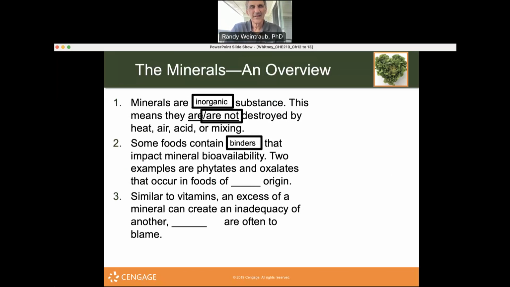Some foods contain binders, another name is chelators, that could impact the mineral bioavailability from foods. Two examples are phytates and oxalates, which occur in foods of plant origin. Some vitamins in excess of the minerals can create inadequacy of each. So this could mean supplements might impair our absorption of minerals.